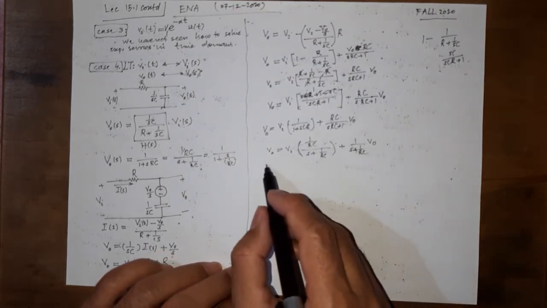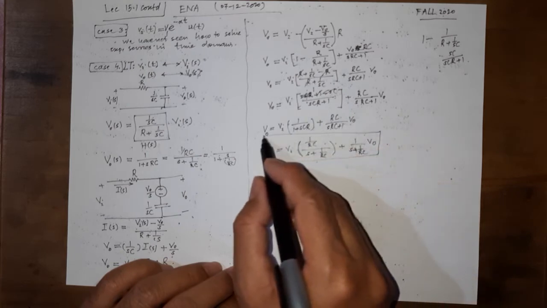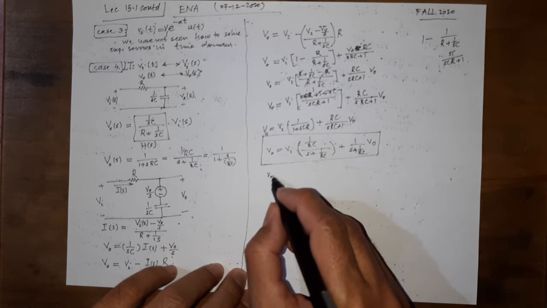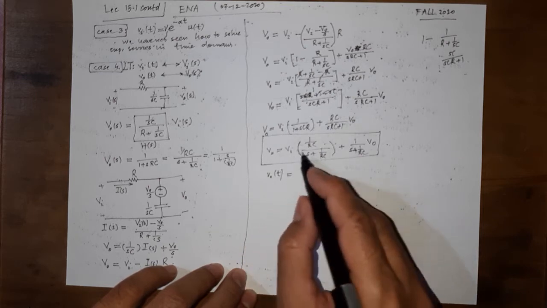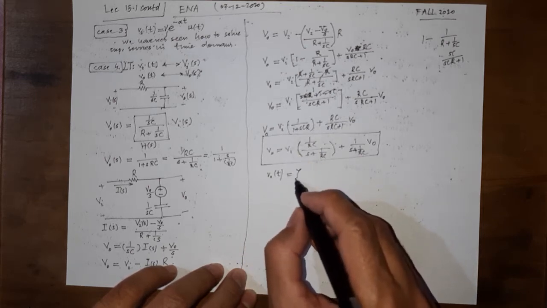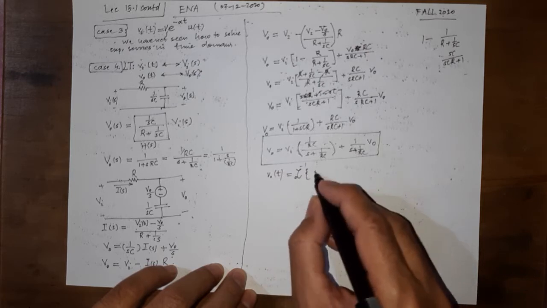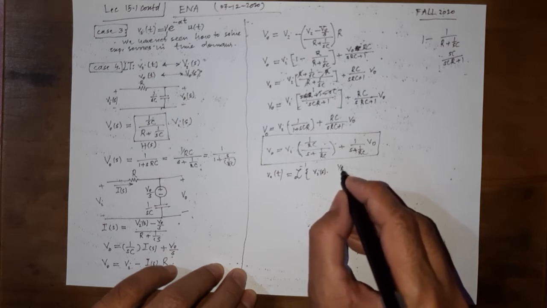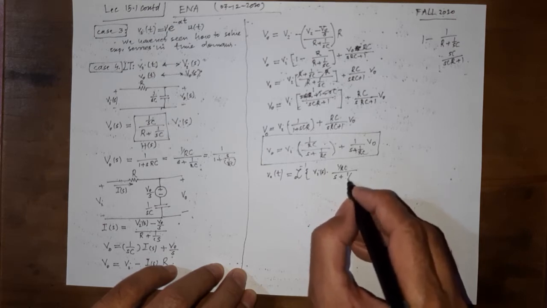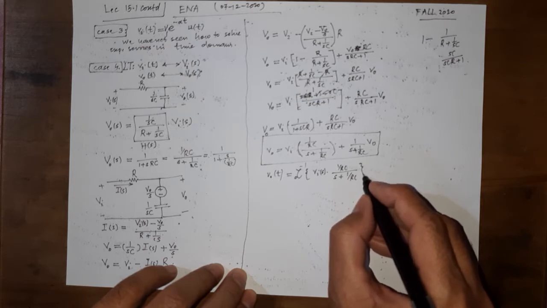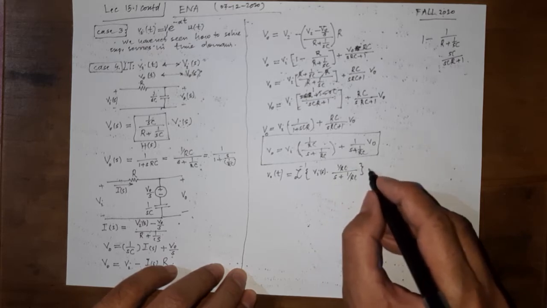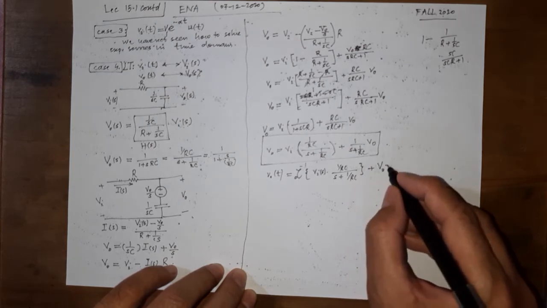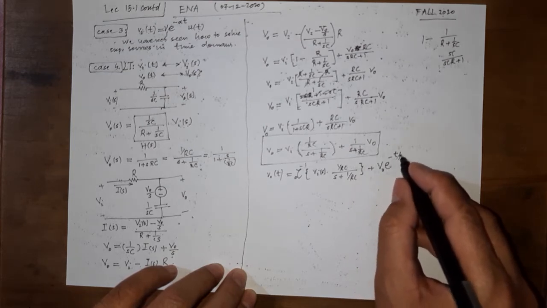So this is the output in the frequency domain, and we cannot find the V naught t in the time domain until we know what Vi is, because this is going to be the inverse Laplace transform of Vi of S, a function of S, into 1 over RC over S plus 1 over RC, which is also a function of S, plus the inverse of this, which is equal to V naught e raised to the power minus t over RC.